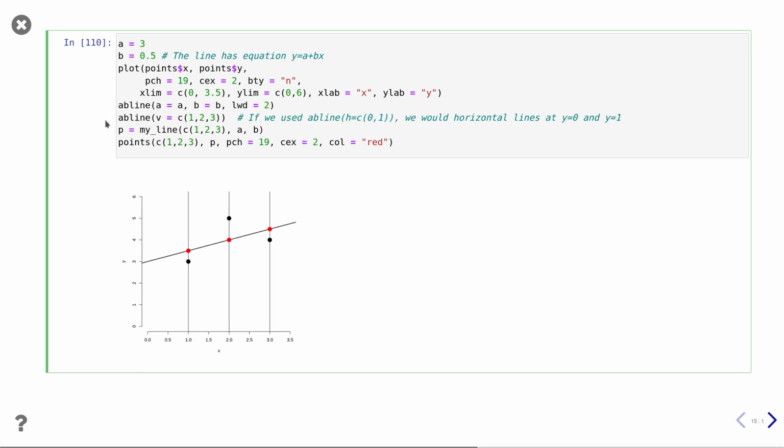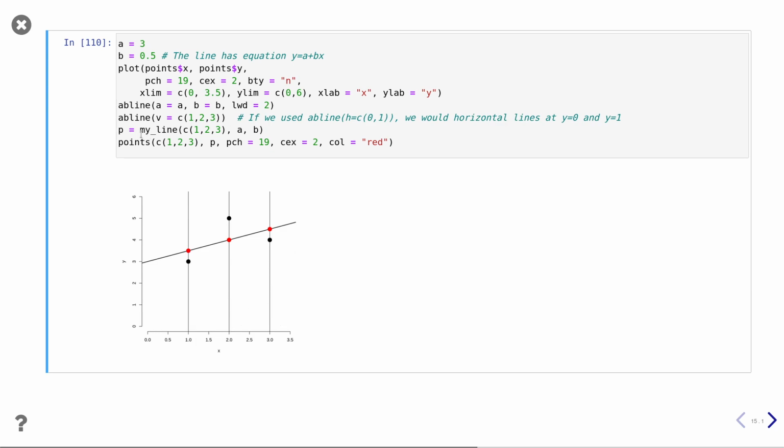And here I'm using that function I just defined, my line, at those three x values: x equals 1, x equals 2, and x equals 3.